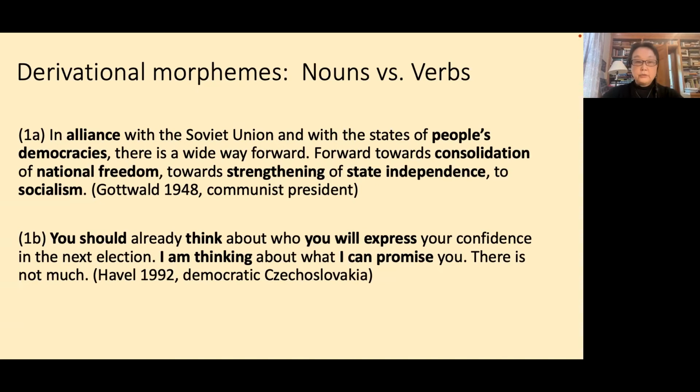And so the social actors are very clear: you as the citizens of the audience, and I as president. The verbs can be marked with modality like should and can, and tense like will. And the act of thinking is presented as a process. It's not a thing, thinking, it's a process.